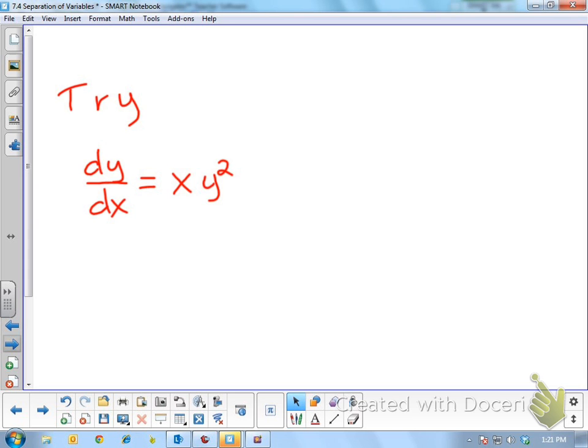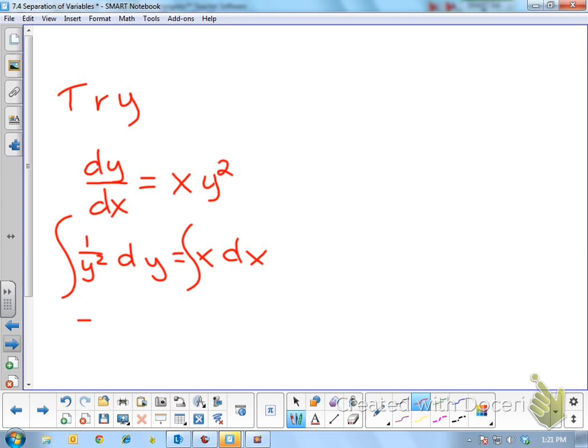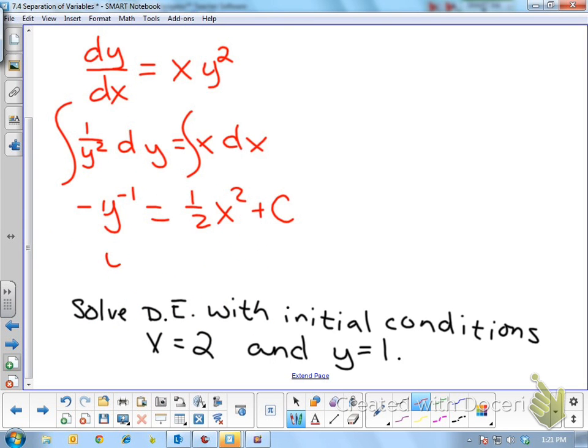So the most common thing I'm seeing, most of you guys got to negative y to the negative 1 equals 1/2 x squared plus c. And then we could move the negative over, y to the negative 1 equals negative 1/2 x squared plus c.